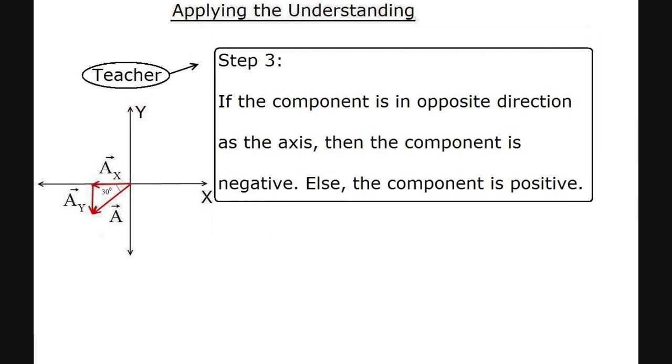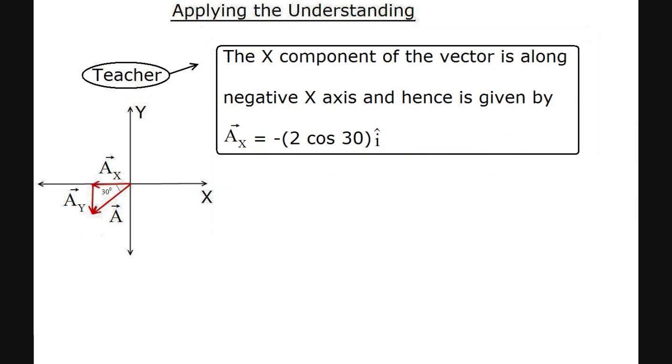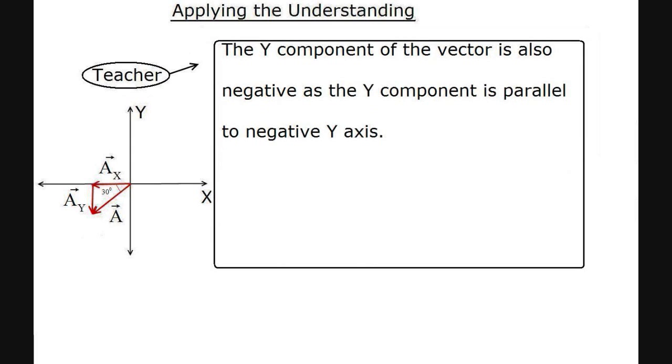Step 3. If the component is in the opposite direction as the axis, then the component is negative. Else, the component is positive. The x component of the vector is along the negative x-axis, and hence is given by ax bar is equal to minus 2 cos 30 times I hat. The y component of the vector is also negative, as it is parallel to the negative y-axis.